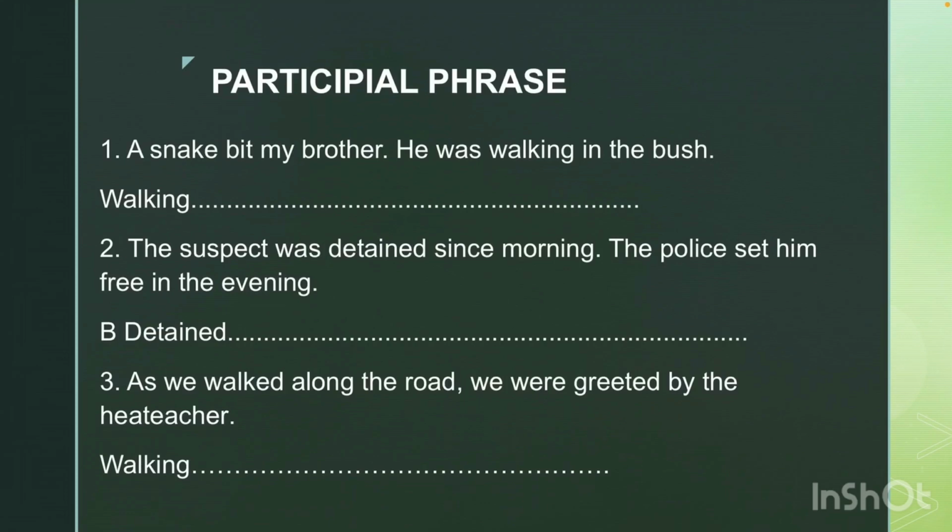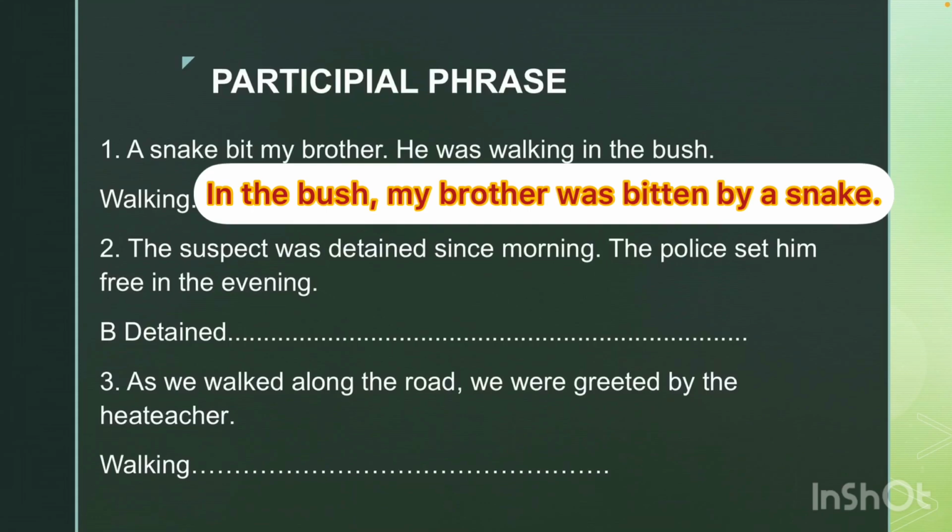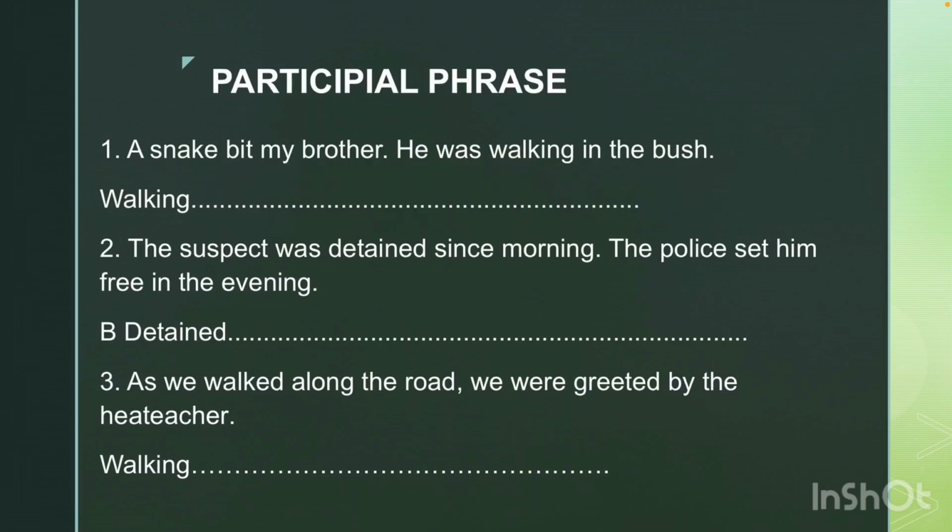So, walking in the bush, comma, my brother was bitten by a snake. We cannot say walking in the bush, a snake bit my brother. It's like the snake was even walking in the bush.